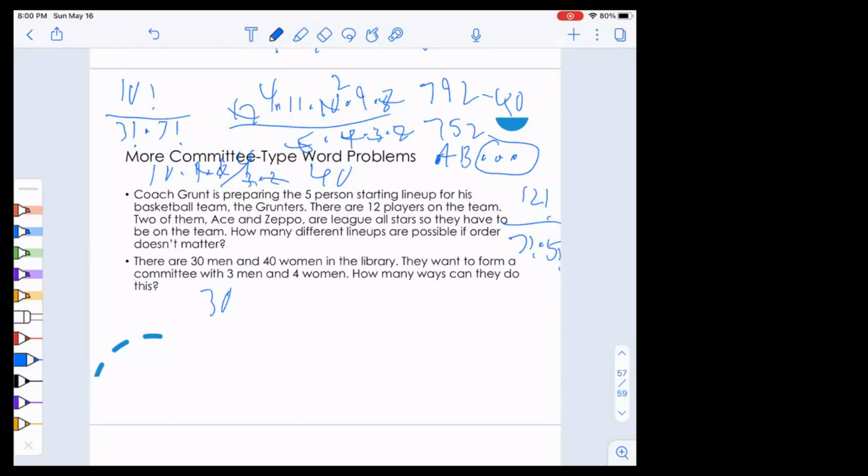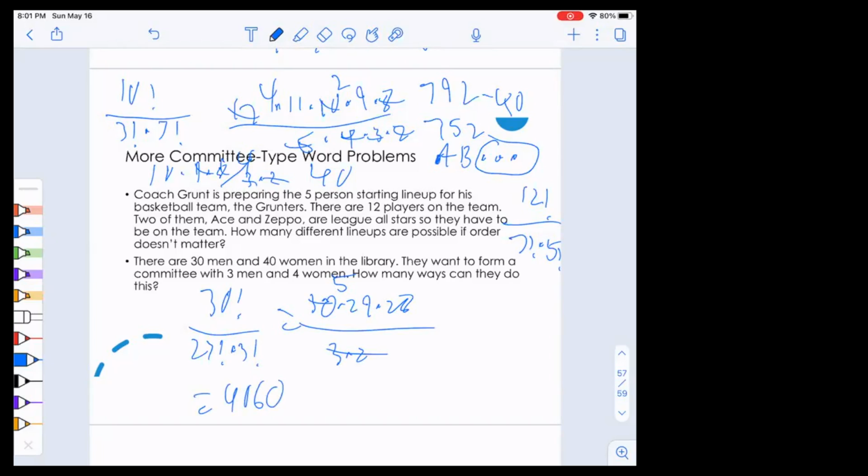So we do 30 factorial over 27 factorial times 3 factorial, and we get 30 times 29 times 28 over 3 times 2. We cancel all this out, and what we get is 4060.